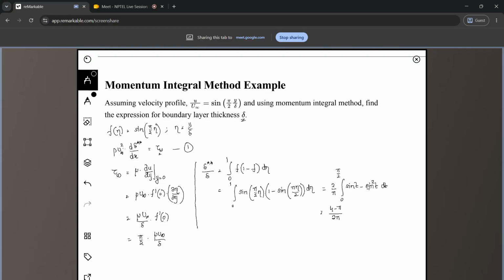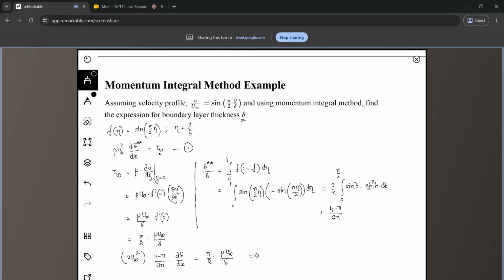So once I have these two terms, then what I will be doing is substituting them in the momentum integral equation, which is equation number 1. So I have rho u infinity squared times d delta double star by dx, which is (4 minus pi) by 2 pi times d delta by dx, equals tau w, which is pi by 2 mu infinity by delta.